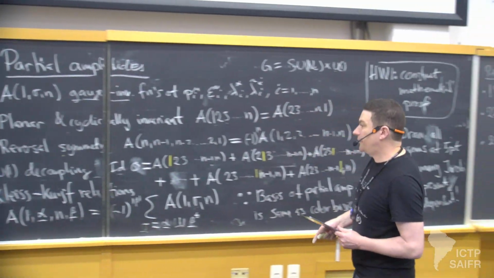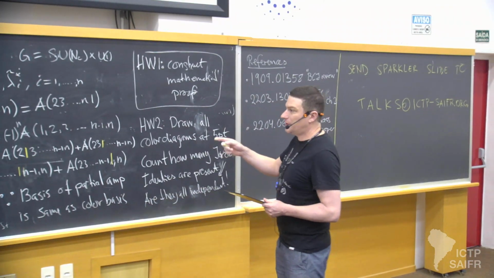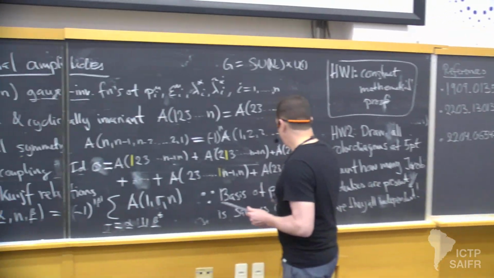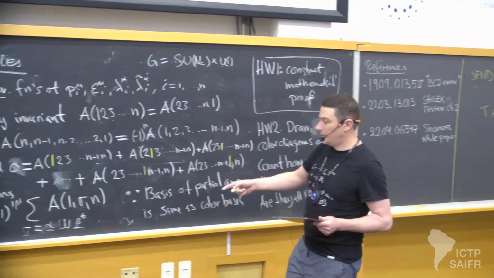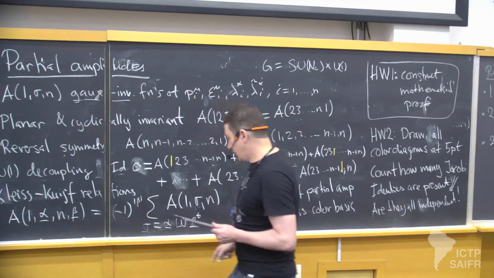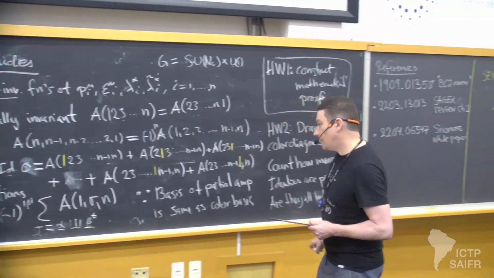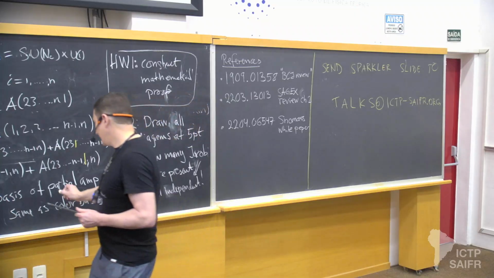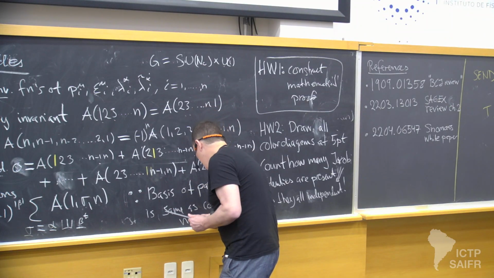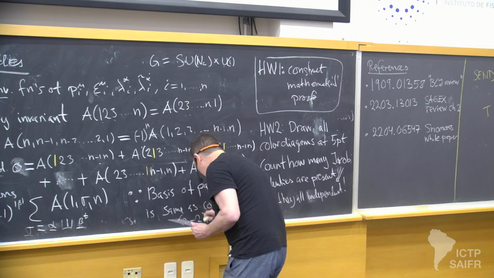You need all of this Kleiss-Kuijf machinery, U1 decoupling, and cyclic symmetry in place in order to declare that the basis is truly (n minus 2) factorial. Sorry, a single factorial, not a double factorial.